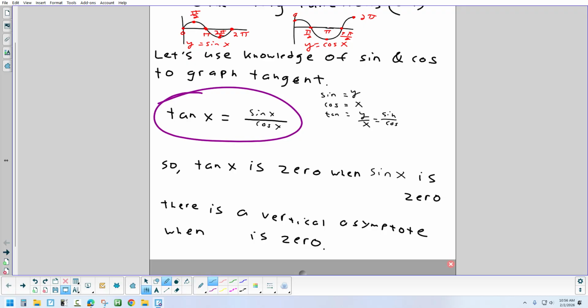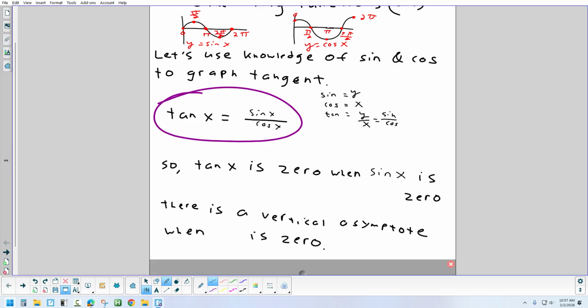Now, what happens at a vertical asymptote? Think about what happens as your graph approaches a vertical asymptote. One of two things can happen: the y approaches negative infinity or infinity.